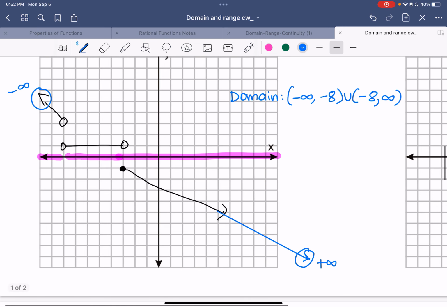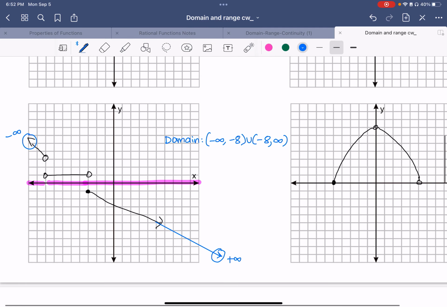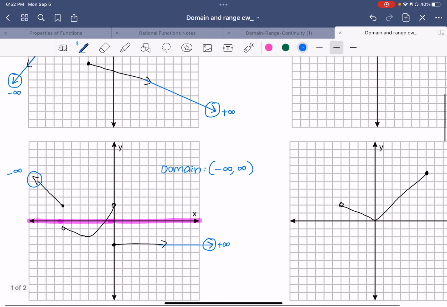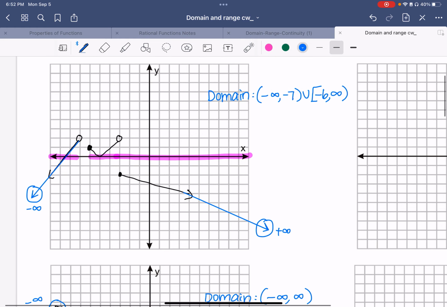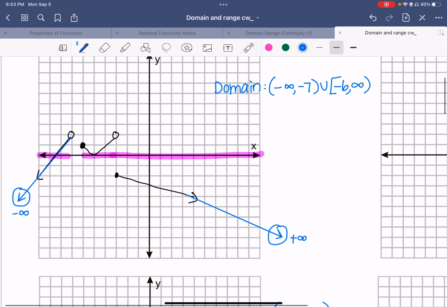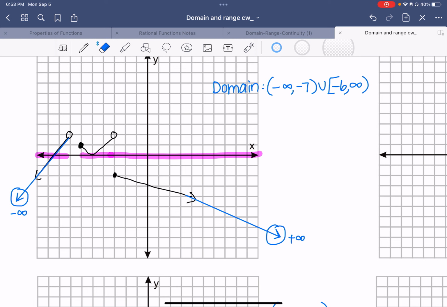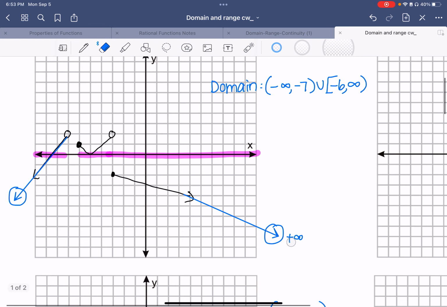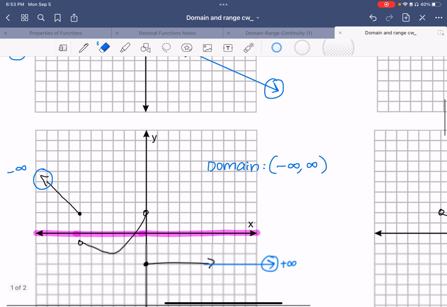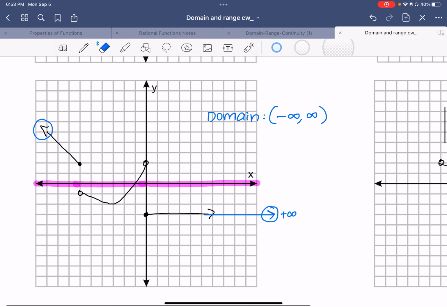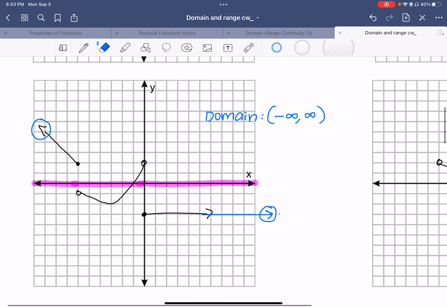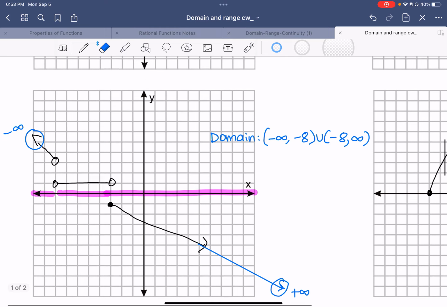Okay, so that is that for domain. Now I'm going to do the same thing, but for the range. The range is read from bottom to top. I'm going to erase these infinities here because they're backwards for the range.